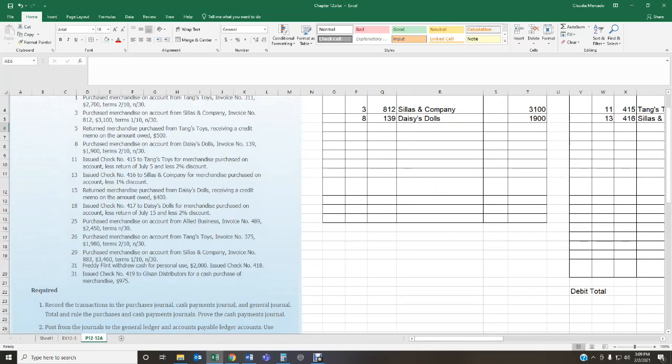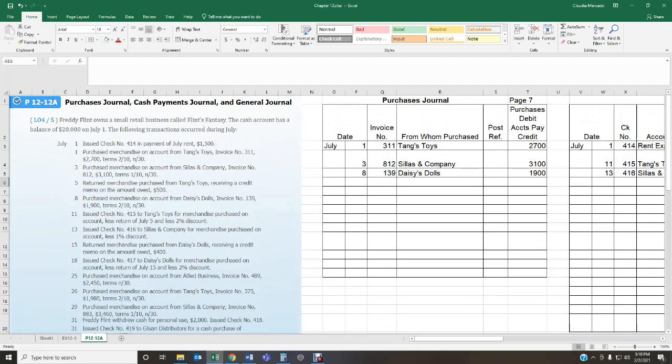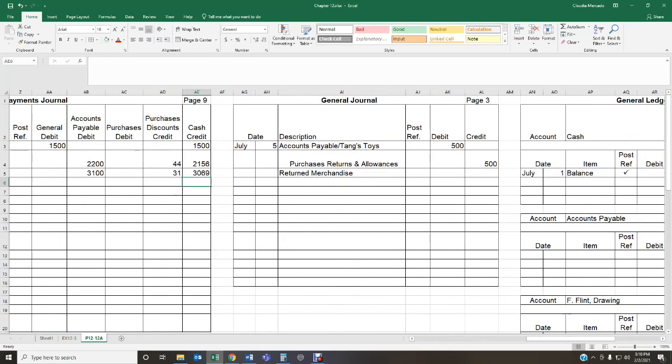On the 15th, you return merchandise purchased from Daisy's Dolls, receiving a credit memo on the amount owed of $400. So we have another return. Because returns don't apply to the purchases journal or the cash payments journal, we're going to process those returns under the general journal.